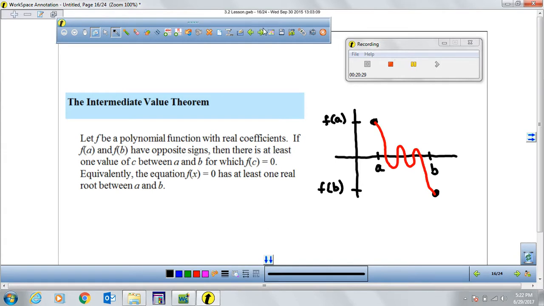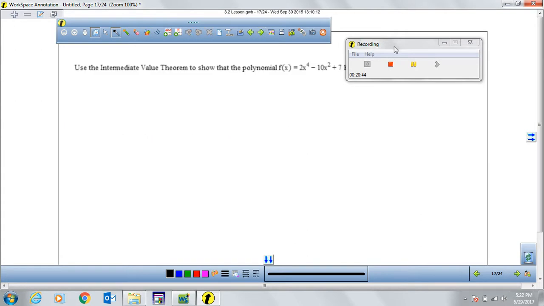But if the values of y have opposite signs, then it is true that it must cross the x-axis to get from one point to the other point. Okay? So let's talk about that in this problem here.